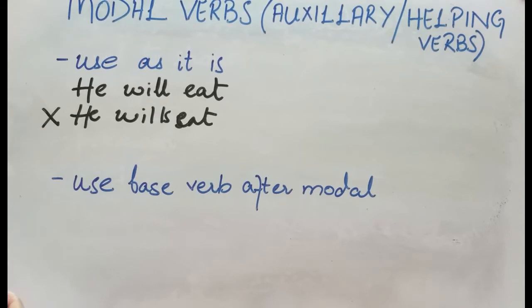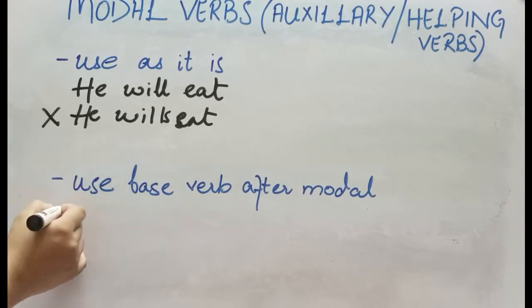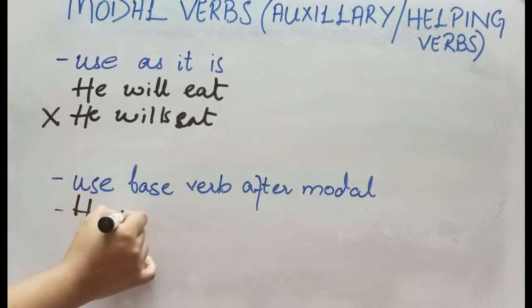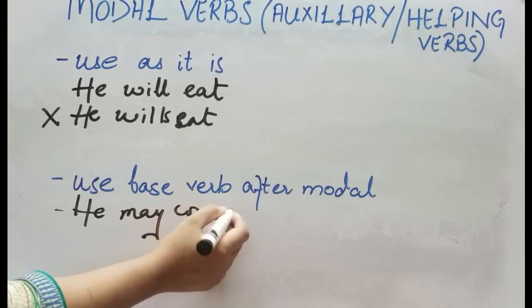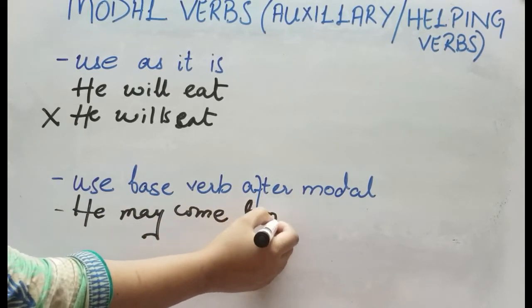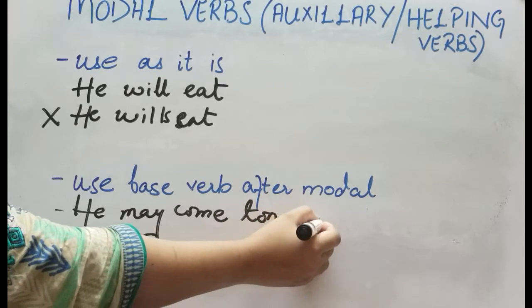Next, we see use base verb after modal. Now, what does that mean? That means you don't have to use to after that. The base verb will remain the same. For example, I say he may come tomorrow. I cannot say he may to come tomorrow. That's totally wrong.